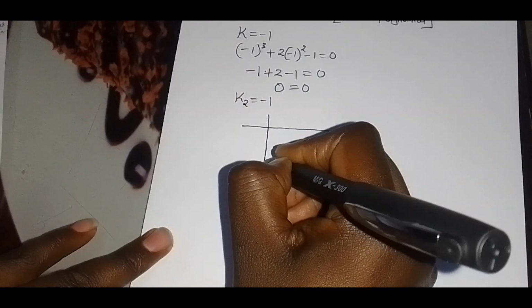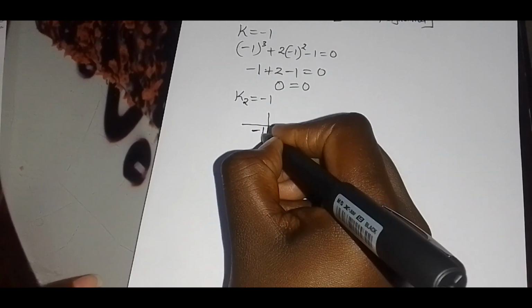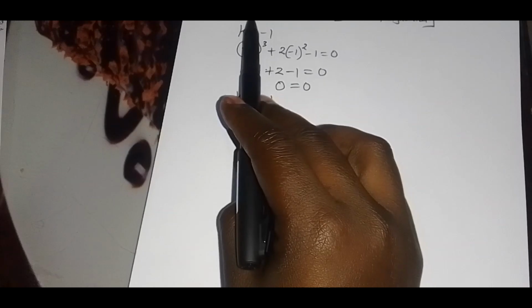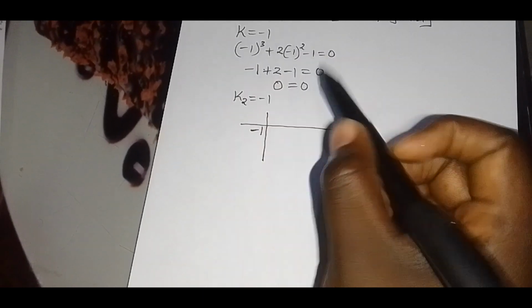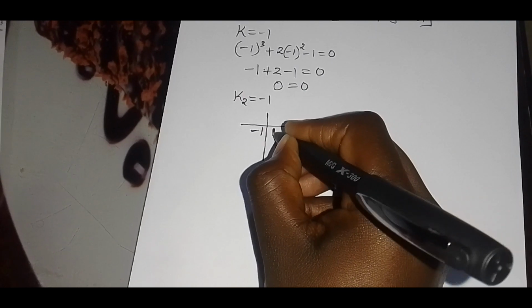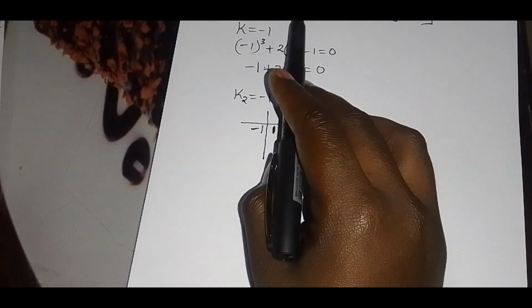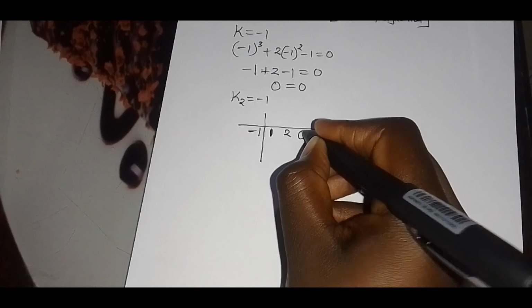Now applying the synthetic division, we can just plug in our values as follows. Now we have -1, and then we can have the coefficients of the cubic polynomial. The coefficient here is 1. The coefficient for k squared is 2. Now we don't have k, but we can take it to be 0.